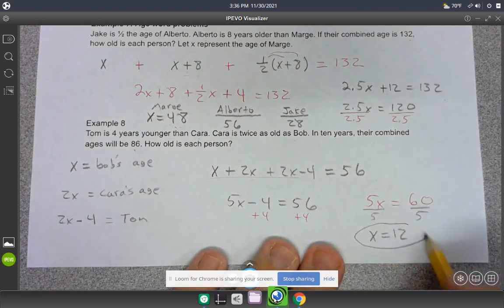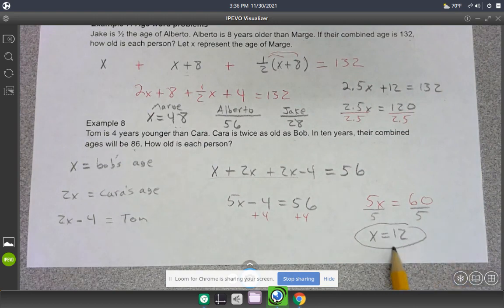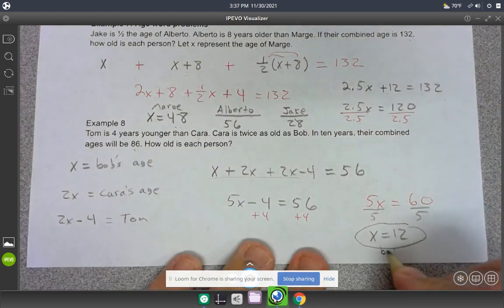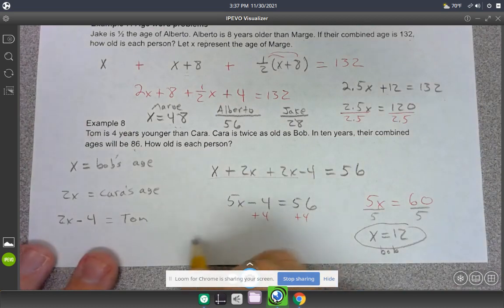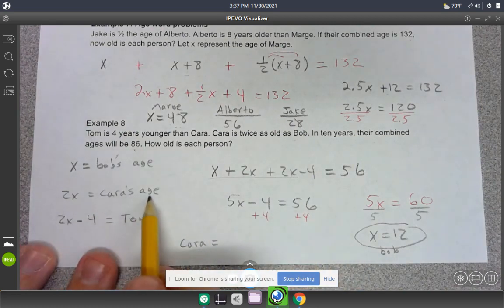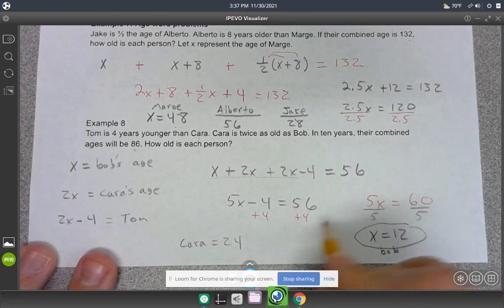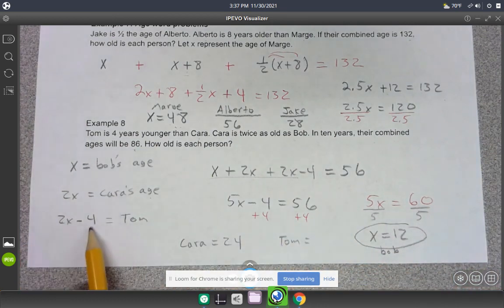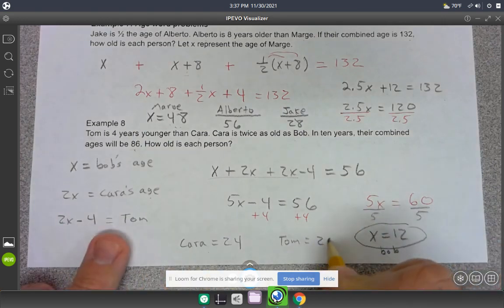Cool. So Bob is 12. That's Bob. And then Kara's twice Bob's age. So that's going to be 24. And then Tom is 4 years younger than Kara. So Tom would be 20 years old.